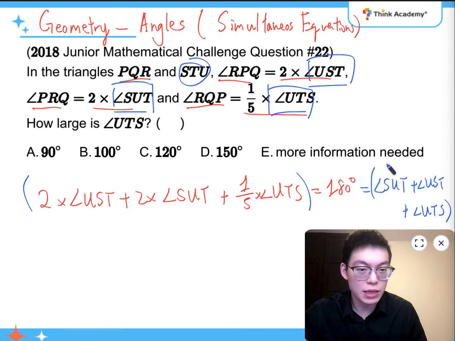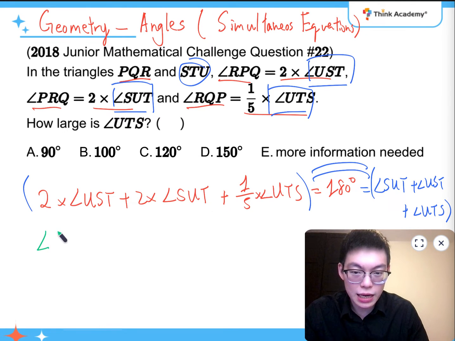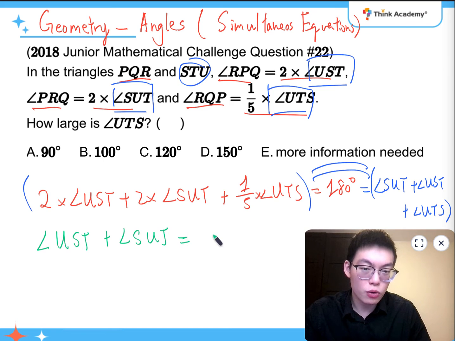So I can just simply equate them to each other. So after a little bit of simplification, you will see that angle UST adding angle SUT is equal to 4/5 of angle UTS.